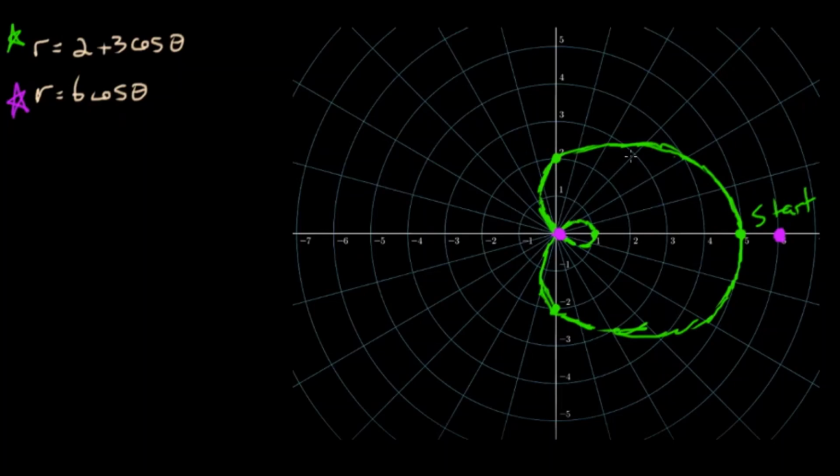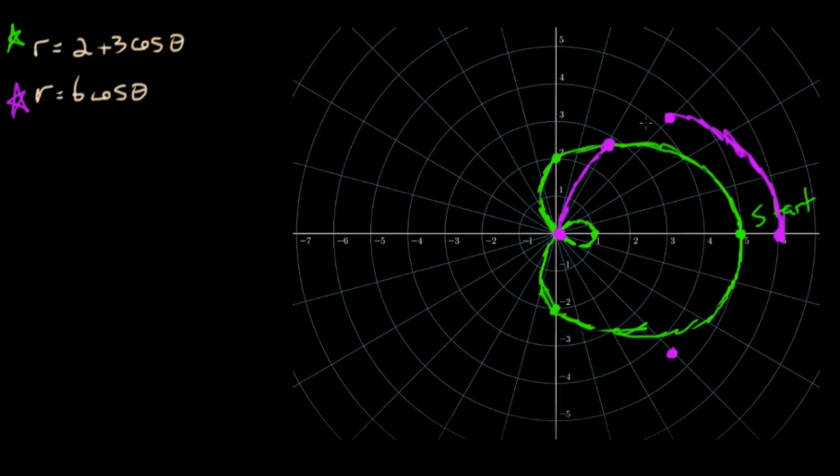So at pi over 4, we're going to be at 4.2-ish. And then down here, we're also going to be at 4.2-ish. And we are a circle.